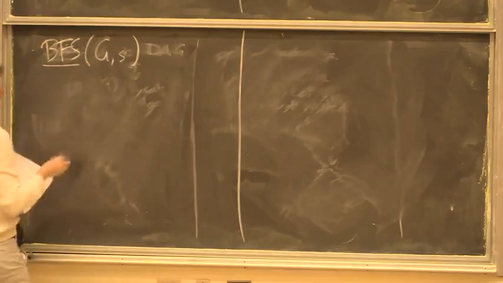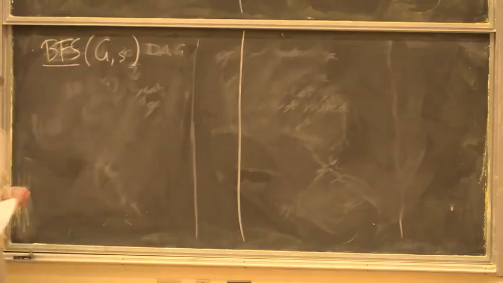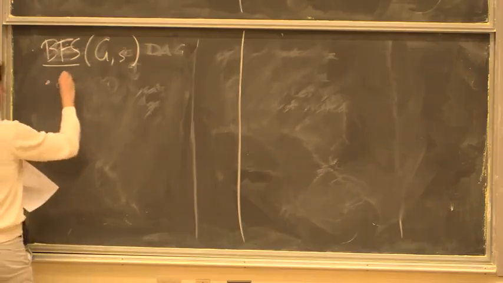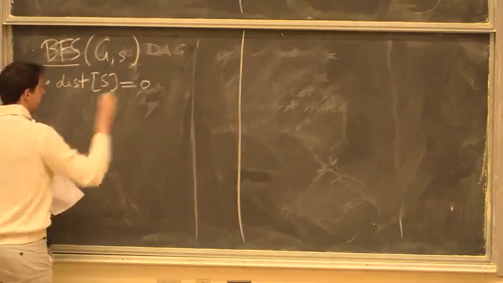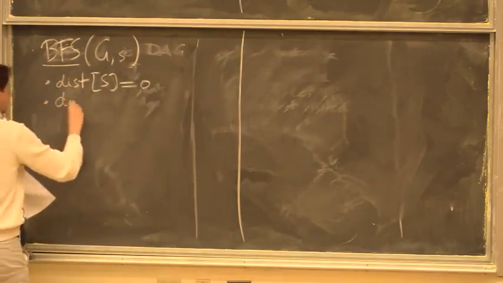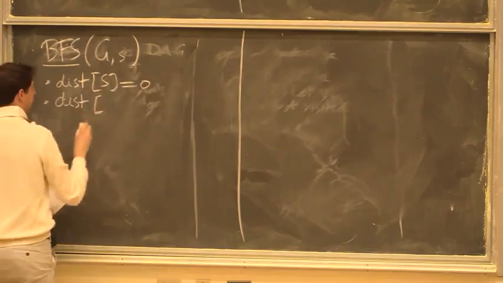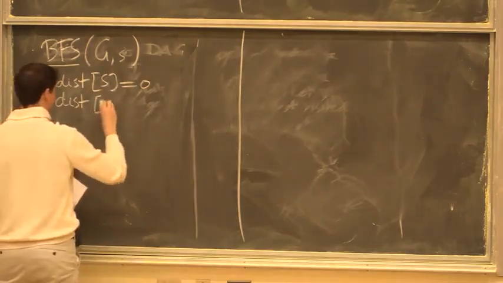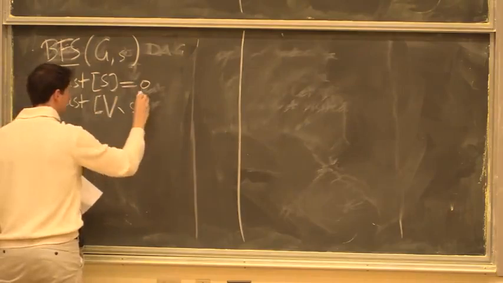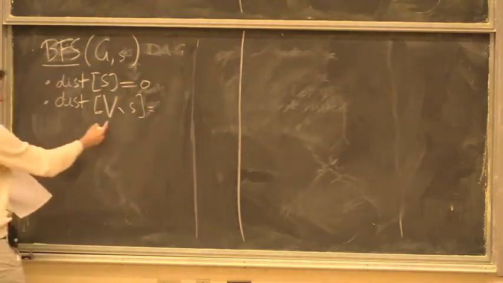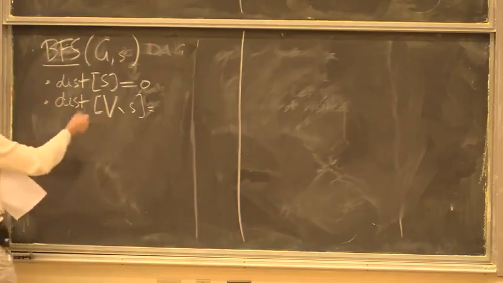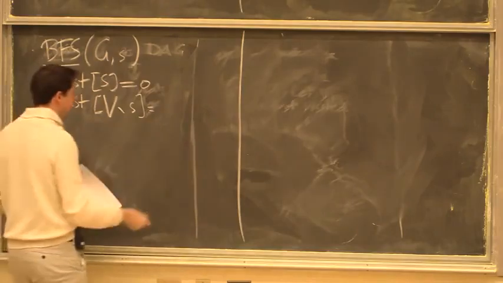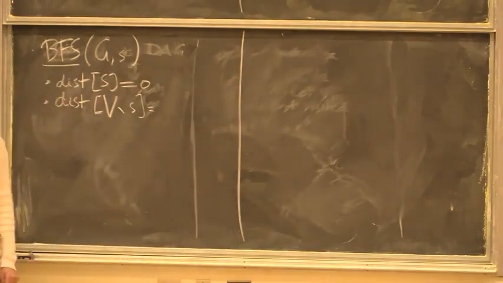So first we want to initialize the distance array. We're going to say the distance of S is 0, and the distance of everything except S, by this notation I mean set all vertices that are not S, to be this value. What should we set the distance to be?